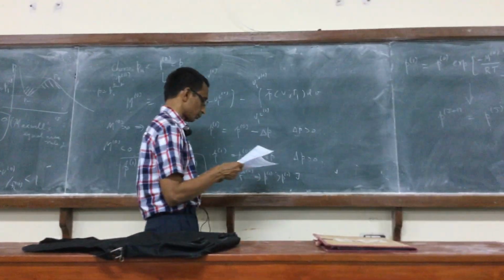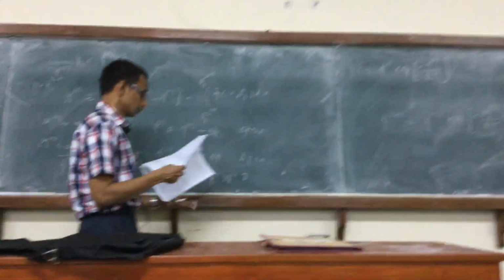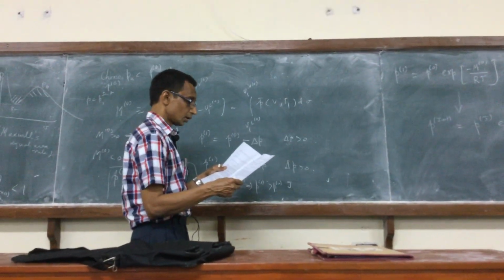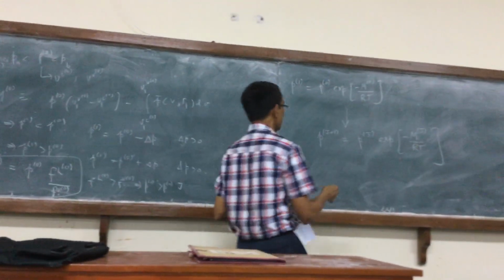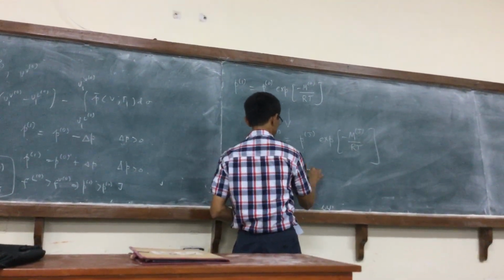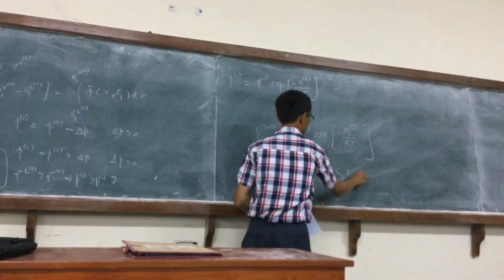When do we stop? Because we also need to have a way to stop the algorithm. So we can stop the algorithm when P of J plus 1 minus P of J is less than some epsilon.